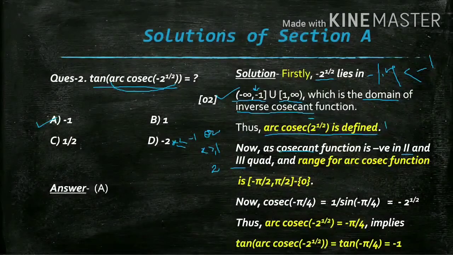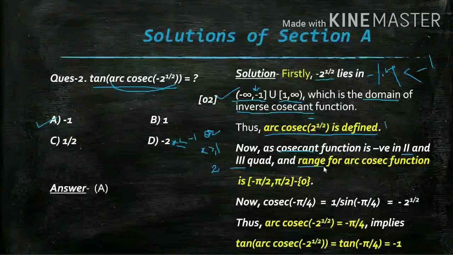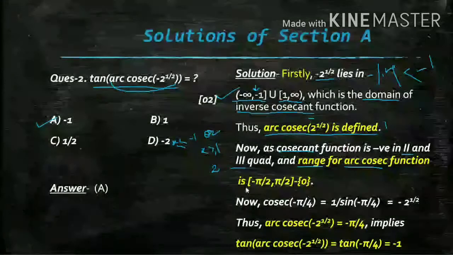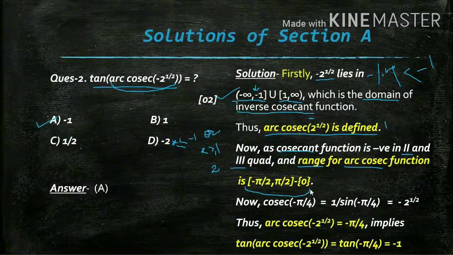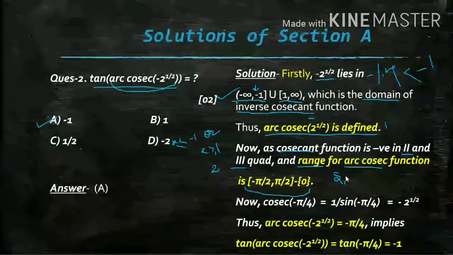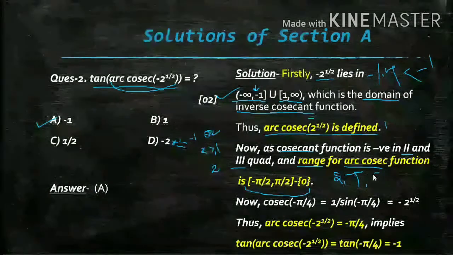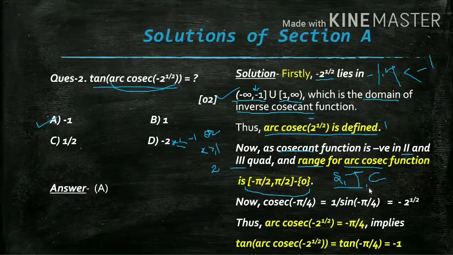Now the third step. The range, or you can say the principal value, that means the same. So for the cosec inverse function, it is this. Remember I told you it is nothing but the same as for sine and tan, that is from minus pi by 2 to pi by 2.